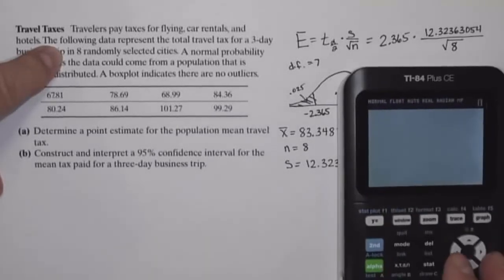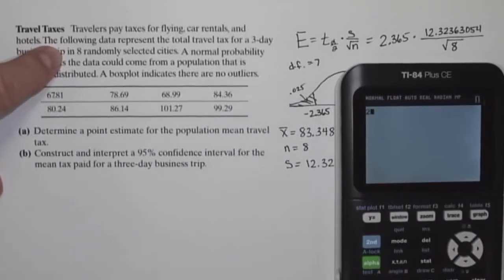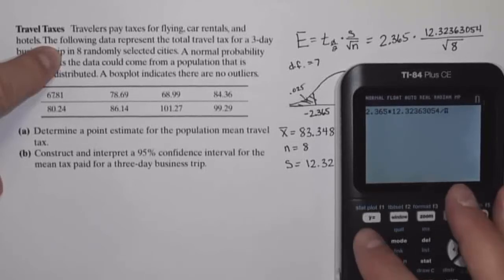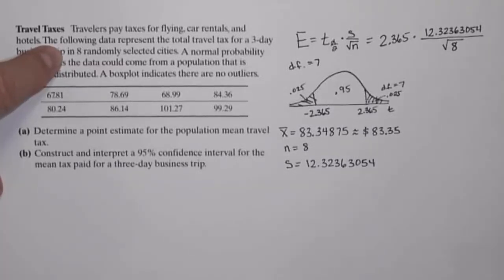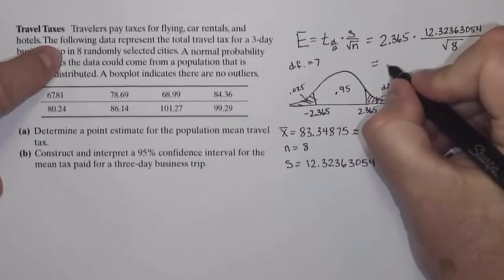So if I bring back in my calculator, 2.365 times 12.3236354 divided by the square root of 8. And so that is about 10.3044512. So I'll go ahead and write that whole thing down.